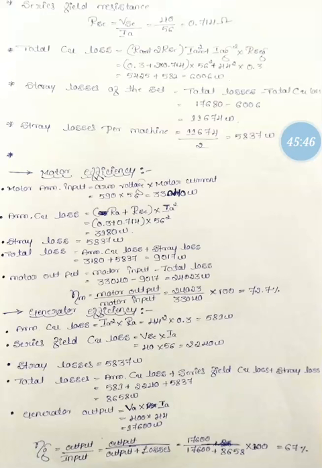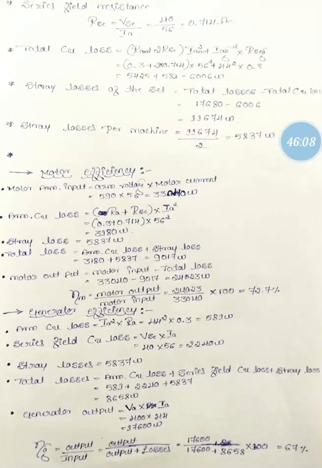Then the stray loss of the entire set can be calculated as the difference between the total losses and the total copper loss. Total losses were calculated earlier, that is 17,680 minus 6,006, and then we get the stray loss of the set as 11,674 watt.